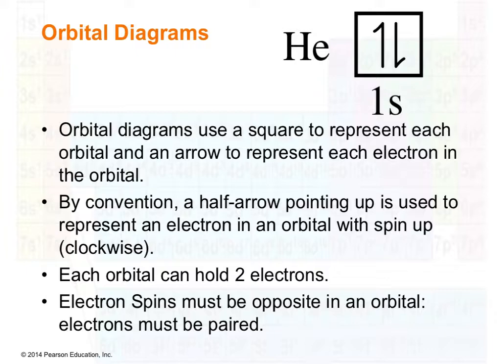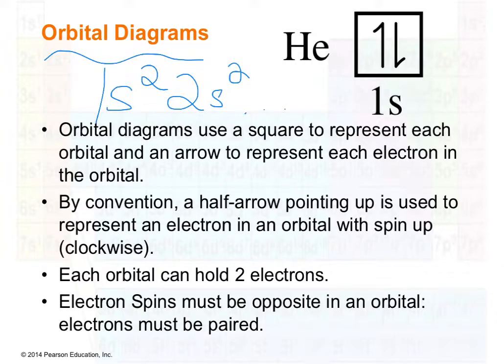We're also going to learn about orbital diagrams, so make sure you can differentiate the two. Electron configuration is the shorthand notation, 1s2, 2s2, etc. Orbital diagrams are more visual symbolism, where a box represents an orbital. The arrows inside the box represent electrons.